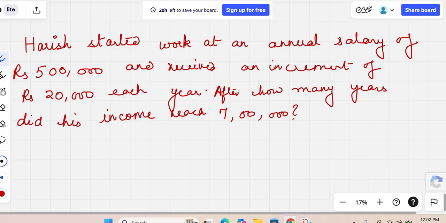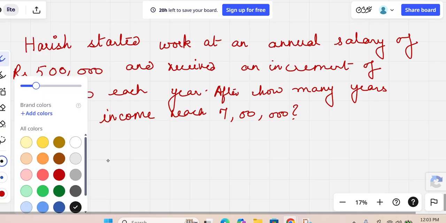Try to understand this now. That's 7 million, right? No, ma'am, 700,000. We can take 7 lakh as Sn, right? After how many years? Yeah. See, you have to think properly. Don't go by that. After how many years his salary?